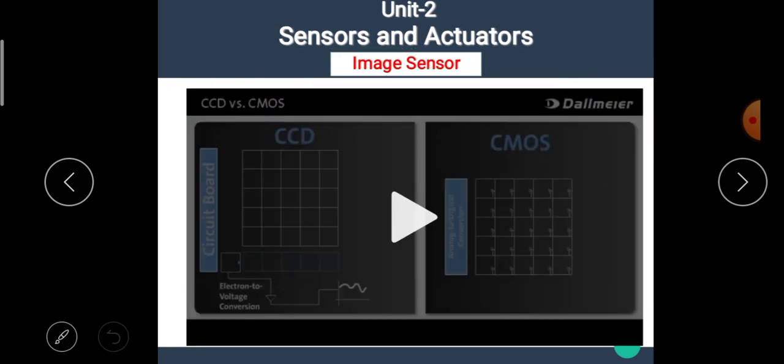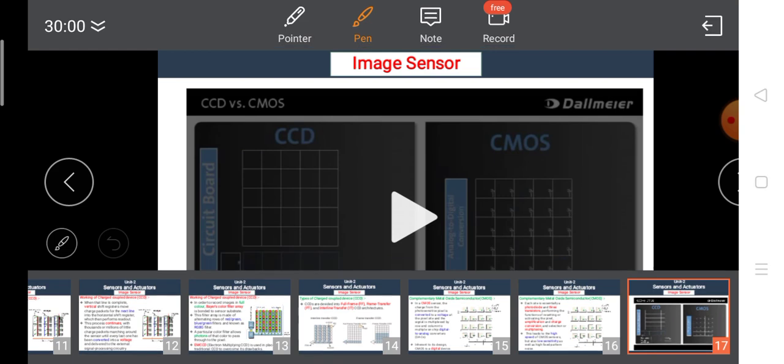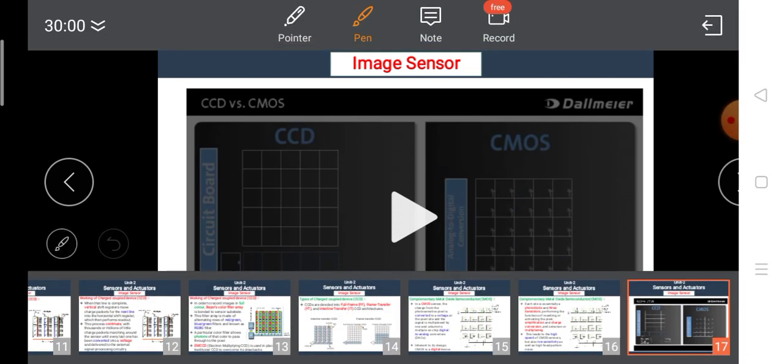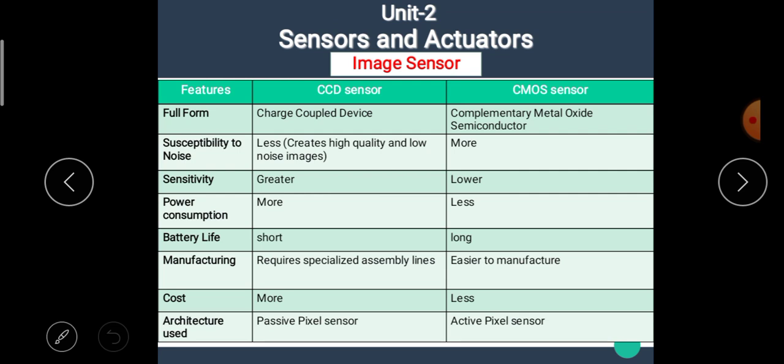Okay, these are the two types of CCD and CMOS sensor. Now let's see the difference between CCD sensor and CMOS sensor. The first feature is full form. CCD means charge coupled device, while CMOS means complementary metal oxide semiconductor device.